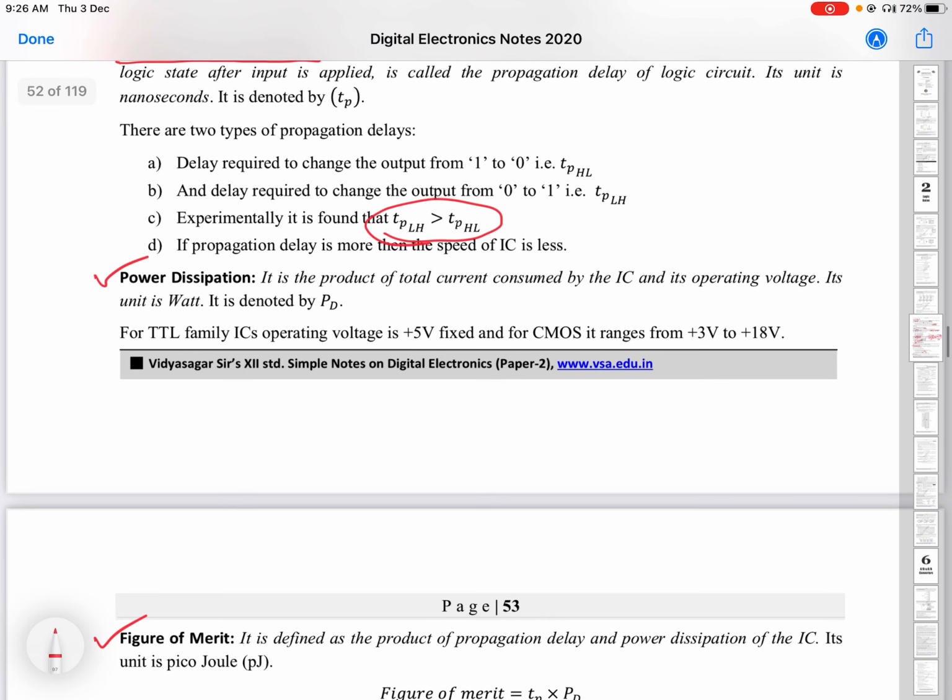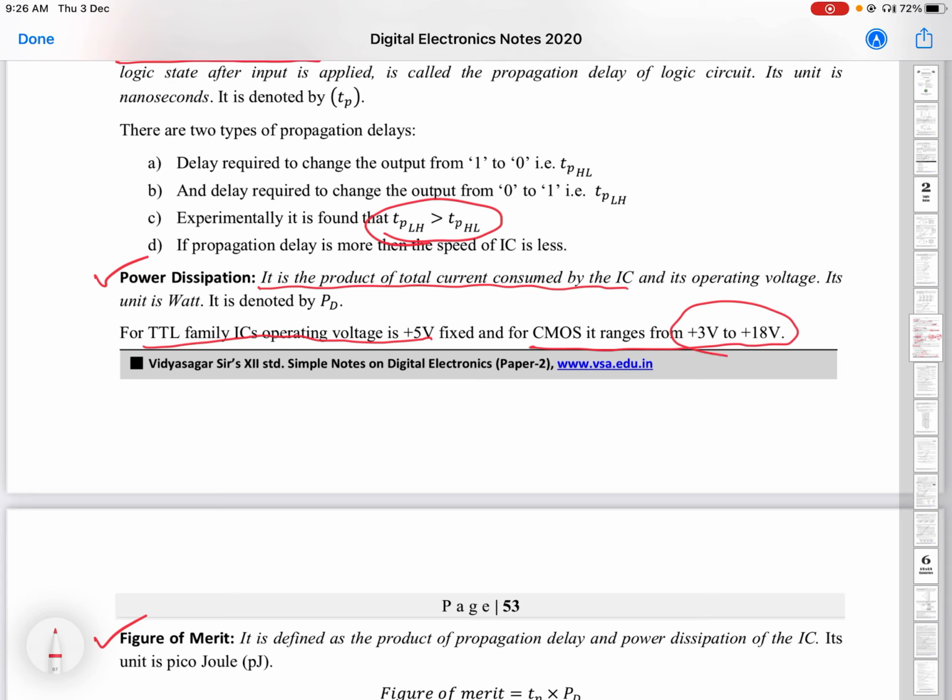Now the second point is power dissipation. You have to remember this definition: the product of total current consumed by the IC, whatever the logic circuit IC may be, and its operating voltage. Generally the TTL ICs work on 5 volt, and the CMOS ICs work from 3 volt to 18 volt.